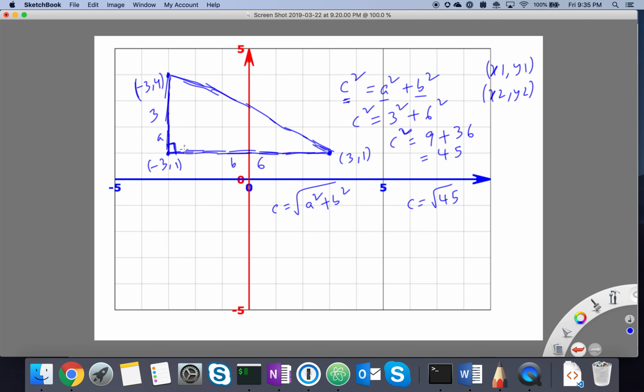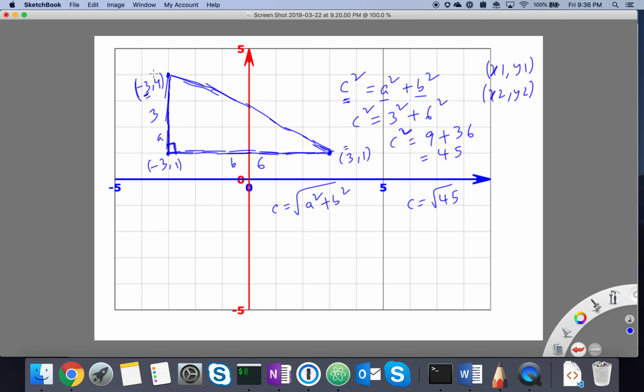See here, it has increased in the x direction from -3 to 3, from this x value until this x value, and y has either increased or decreased.